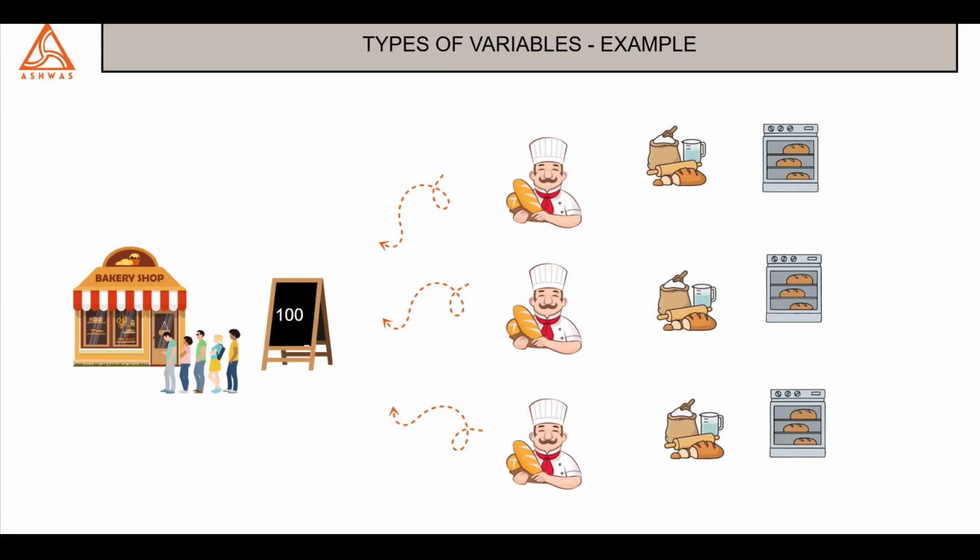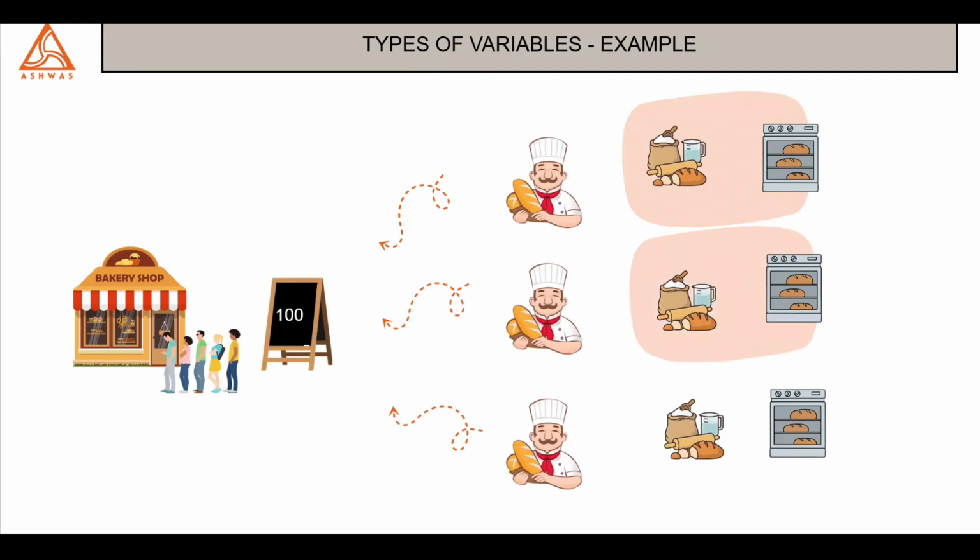If yes, then mapping this example now to local, instance, and class variables will not be difficult. Let's go back to the raw material quantity. Whatever raw material every baker gets on his table is used for doing a single business function, and that is baking the bread loaves.